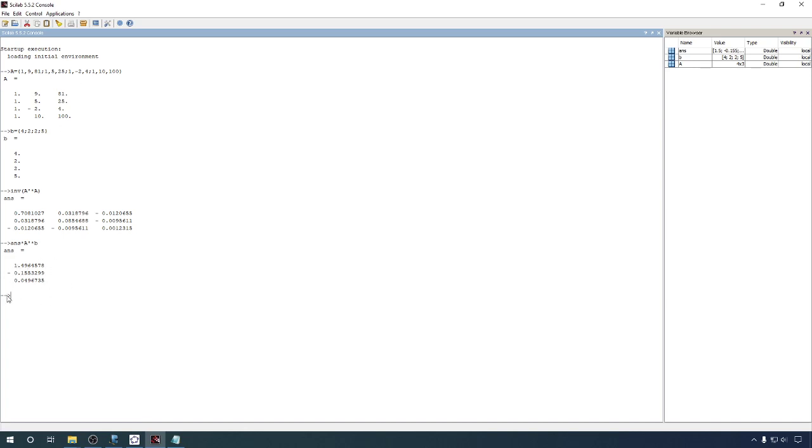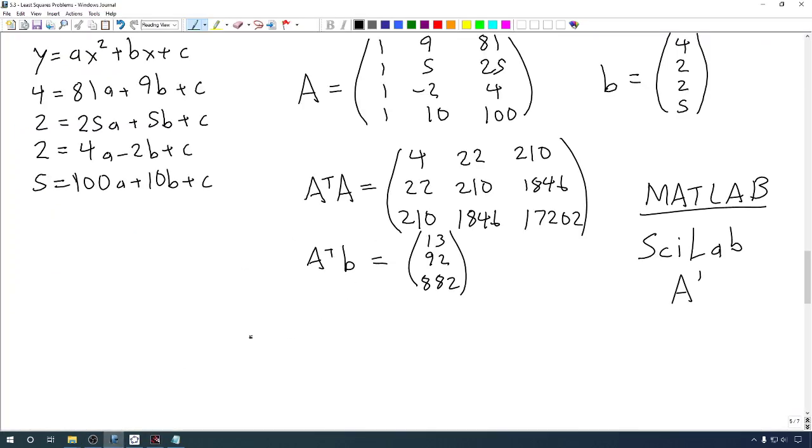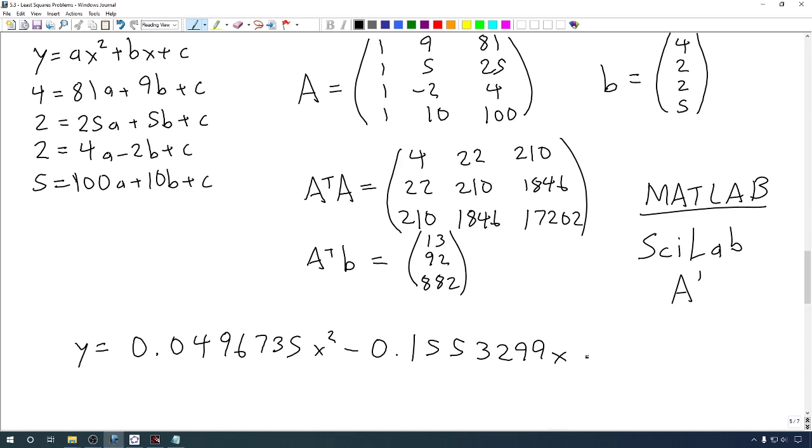And that gives us the result of three numbers. Remember, these are our three numbers representing C, B, and A. In other words, if we write that out, that's telling us that our quadratic of best fit has an A of 0.0496735 x squared, then minus 0.1553299x, plus a c of 1.4964578.